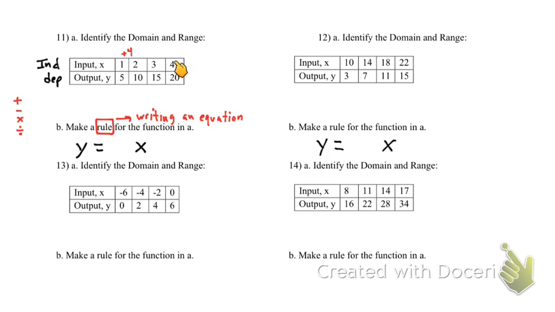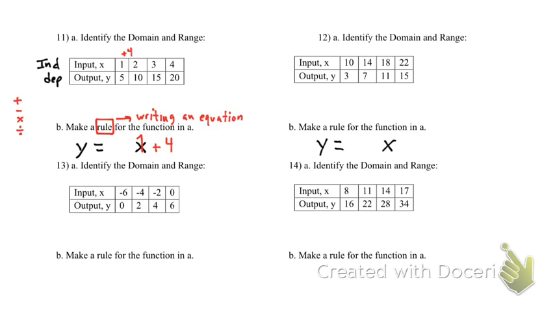Remember, these are your x values. So when we go to our equation, what are we going to do to our x values? According to my rule, we are going to try to add 4. Okay? So let's see if my rule works. So let's try the first one. I'm going to take my x value, plug it in for my x value here.